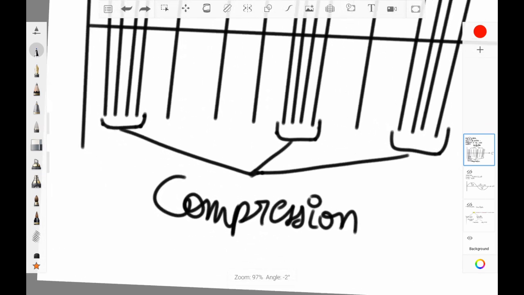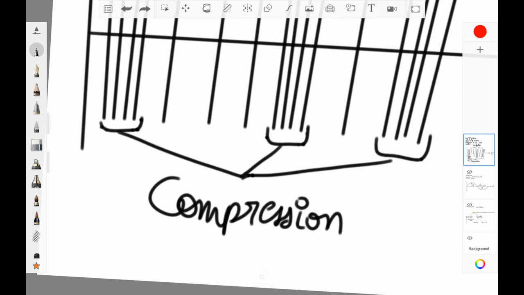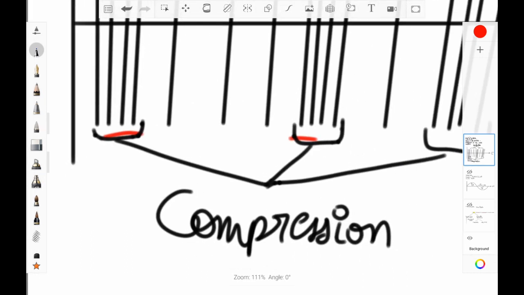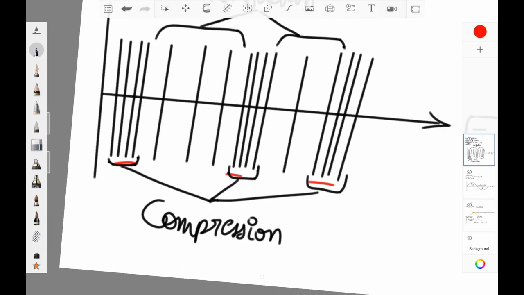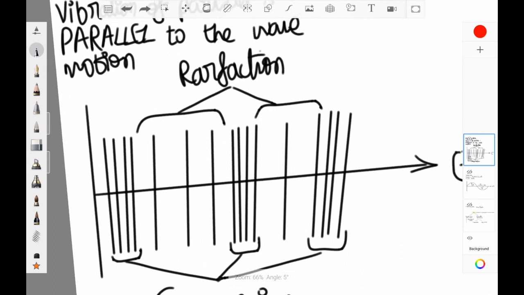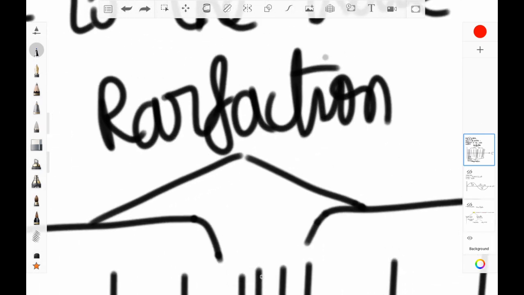So areas of compression are these areas right here, where you can visibly see that the particles are close together, or that the wave crests are close together. You'll learn what that means in a few minutes. And you also have points of rarefaction, not refraction, rarefaction. I made a spelling mistake, just a second.